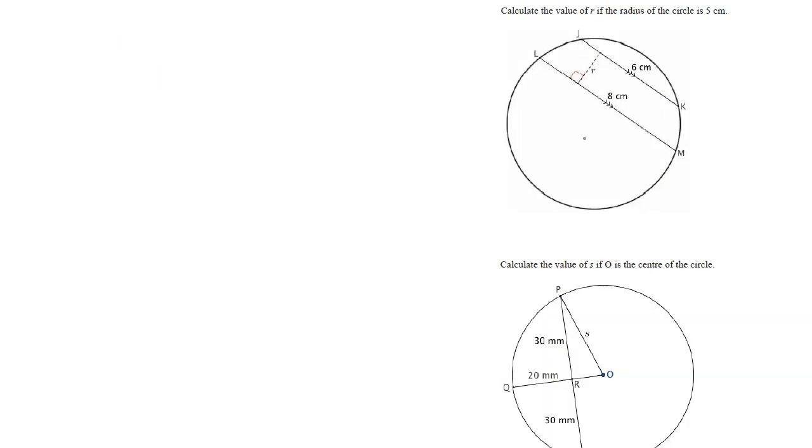Let's try the next. If this is my center, calculate the value of R if the radius of the circle is 5 centimeter. So I have a radius there, and another radius there, and another radius there.